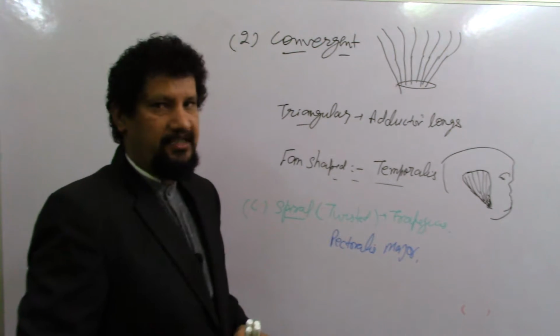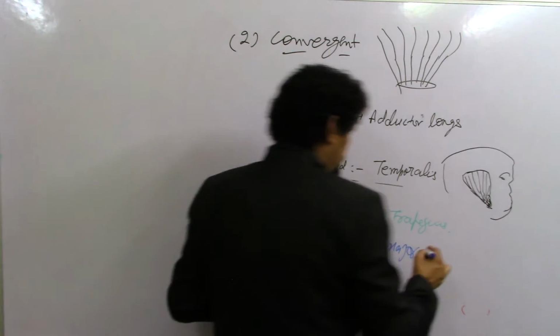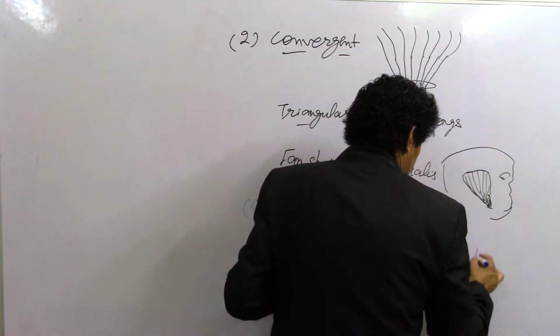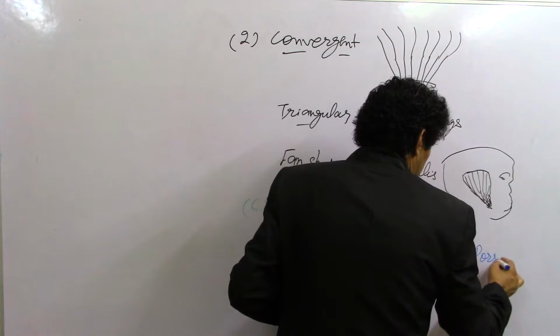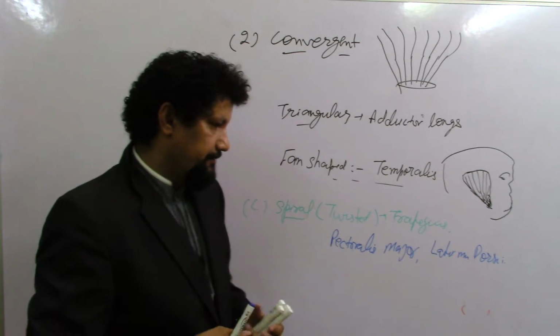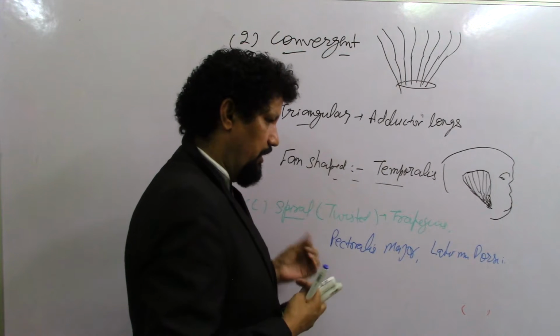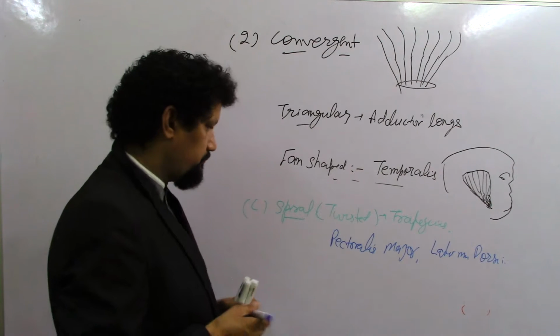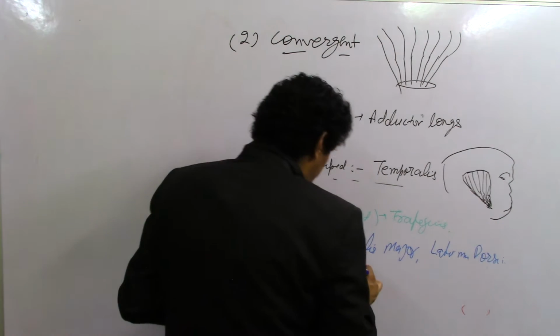The latissimus dorsi muscle is also having the spiral or twisted pattern of arrangement, and the supinator muscle.